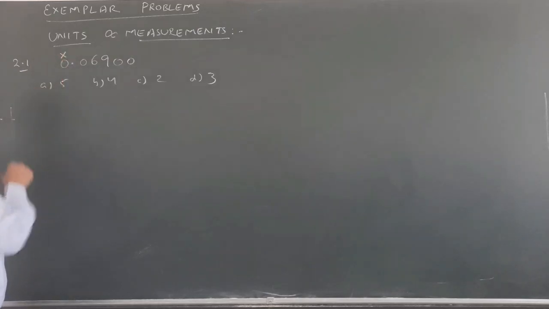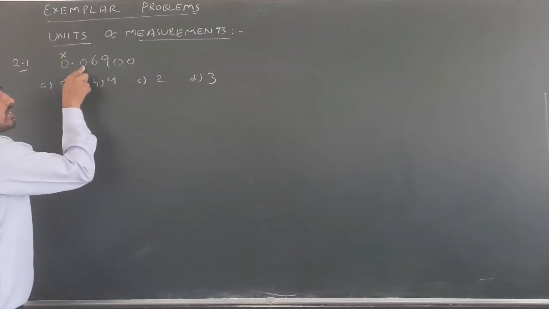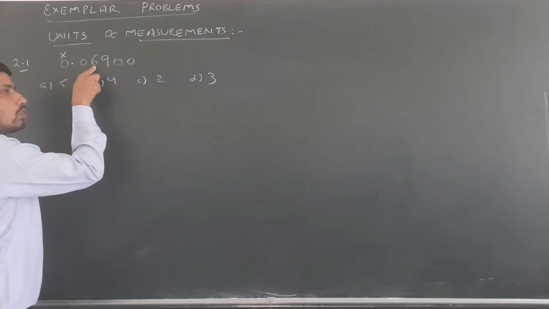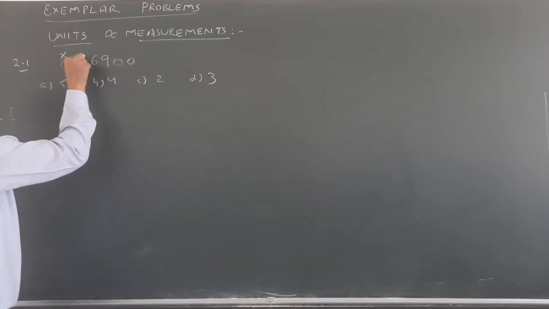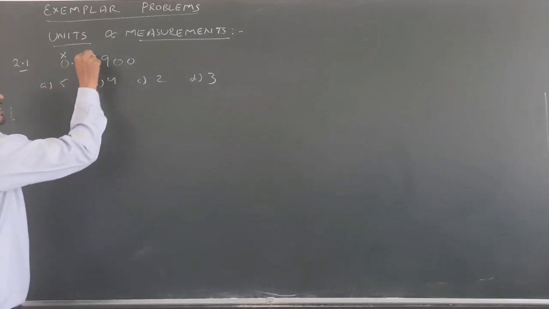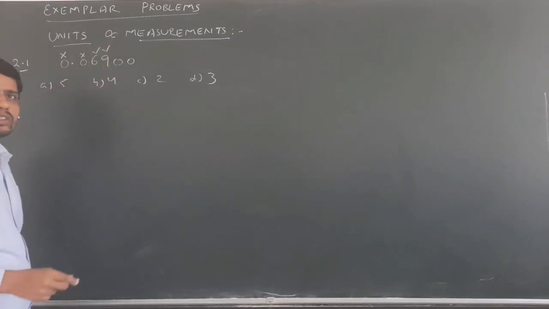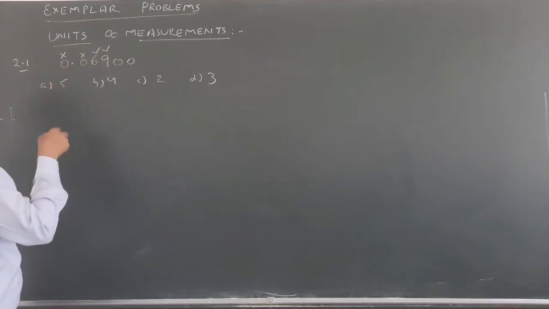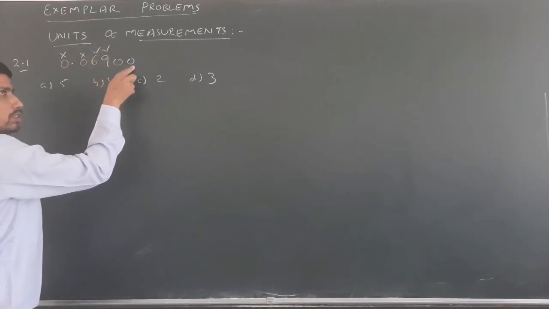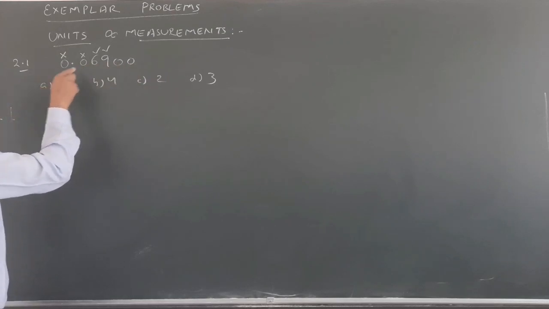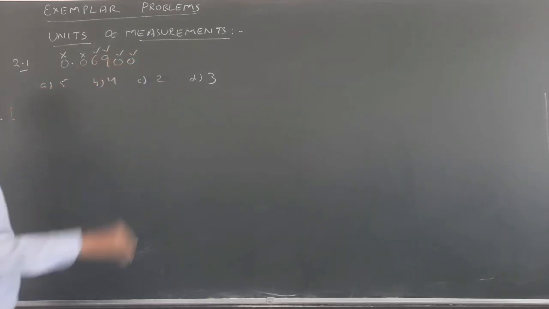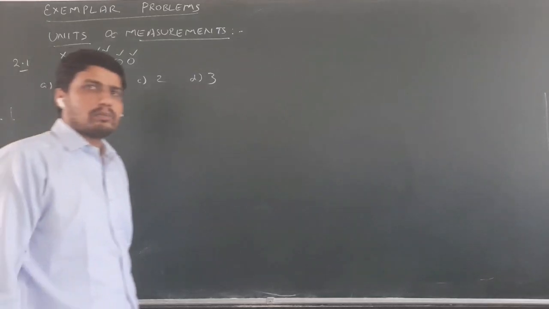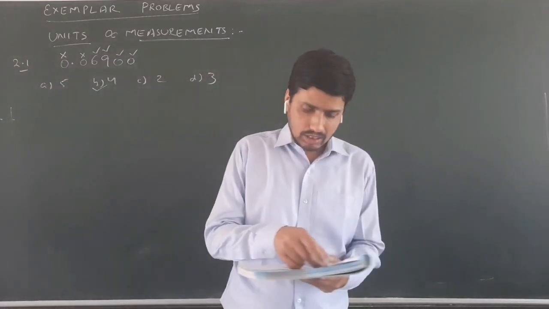So this is not significant. This 0, which is after the decimal point and before a non-zero digit, is also not significant. 6 and 9 are significant because they are non-zero digits. This number is less than 1, so the trailing zeros are significant. So we have altogether 4 significant digits. So option number B is the correct answer.